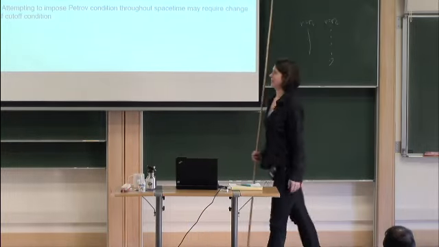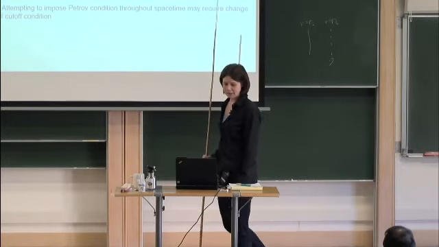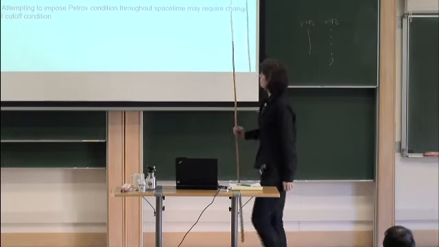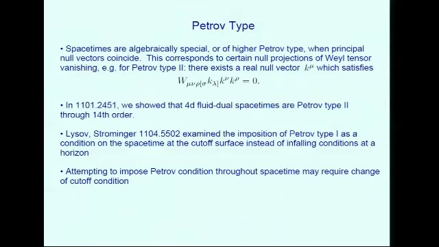So there isn't anything interesting for us in less than 4 dimensions. Okay, so in 4 dimensions, the condition that there exists a real null vector k which satisfies this contraction with the Weyl tensor being 0 is the condition that a spacetime is Petrov type 2.